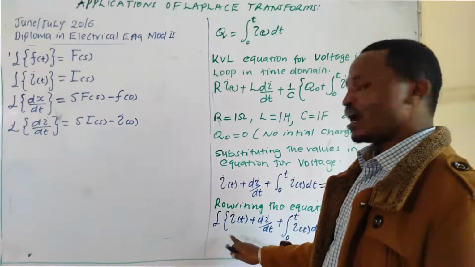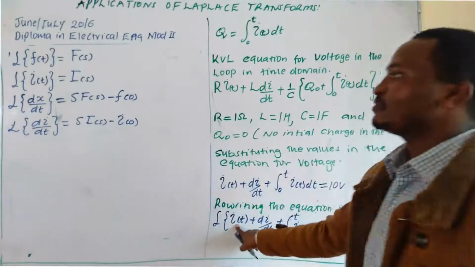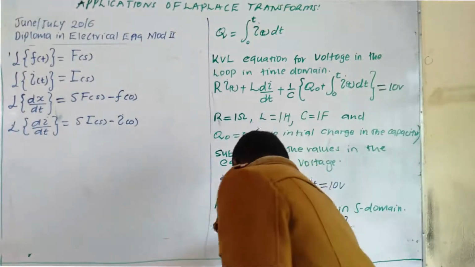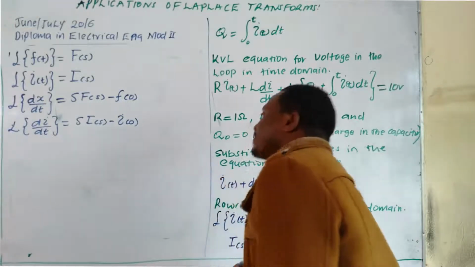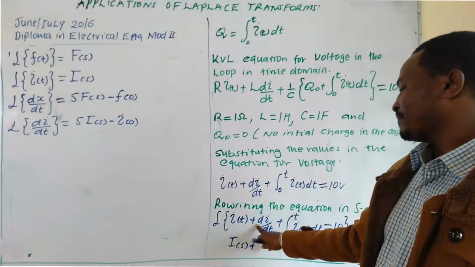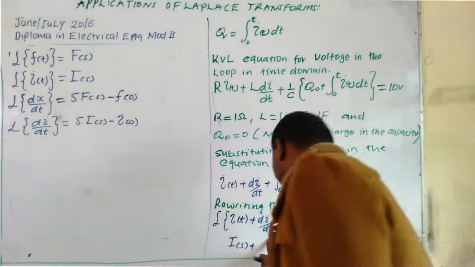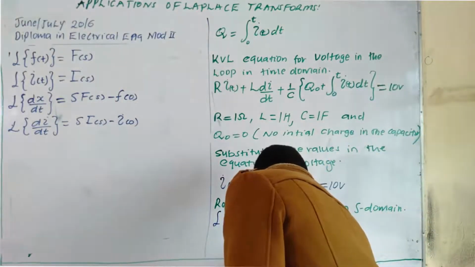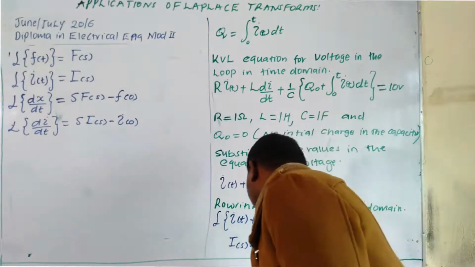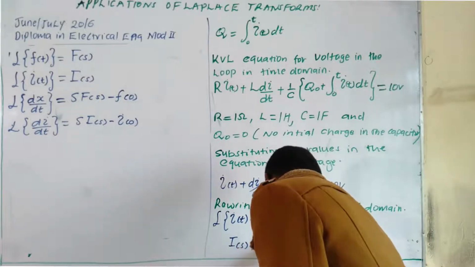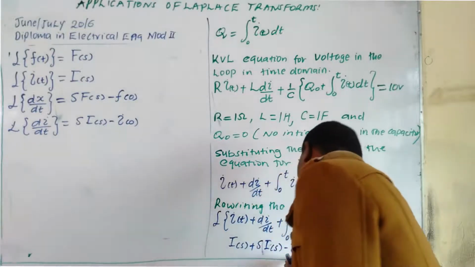Therefore, the S domain equation is: the Laplace transform of I of t changes to I of s, plus the Laplace transform of the derivative with respect to t, di/dt, which will be s I(s), not F(s), since the function we are using is current, minus I naught, the initial current when time is equal to 0.